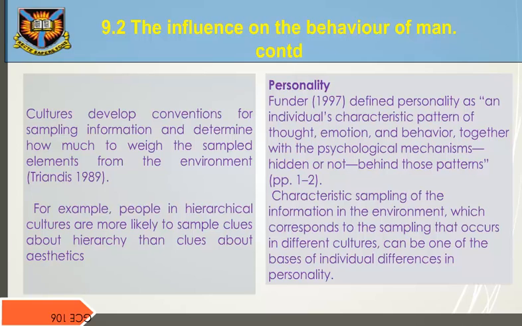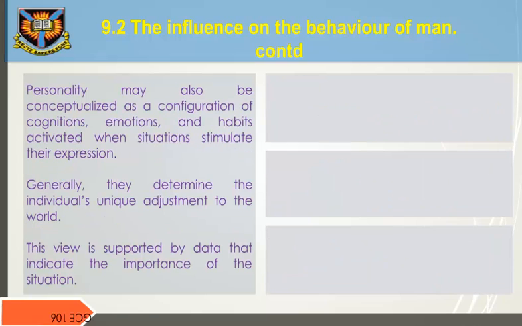Personality. Funder, 1997, defined personality as an individual's characteristic pattern of thought, emotion, and behavior, together with the psychological mechanisms, hidden or not, behind these patterns. Characteristic sampling of the information in the environment, which corresponds to the sampling that occurs in different cultures, can be one of the bases of individual differences in personality.